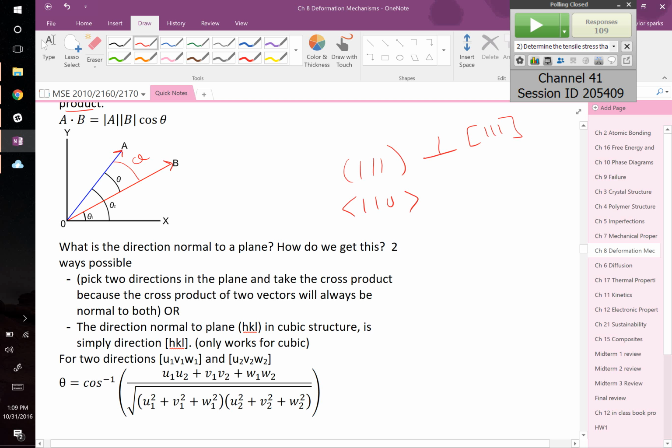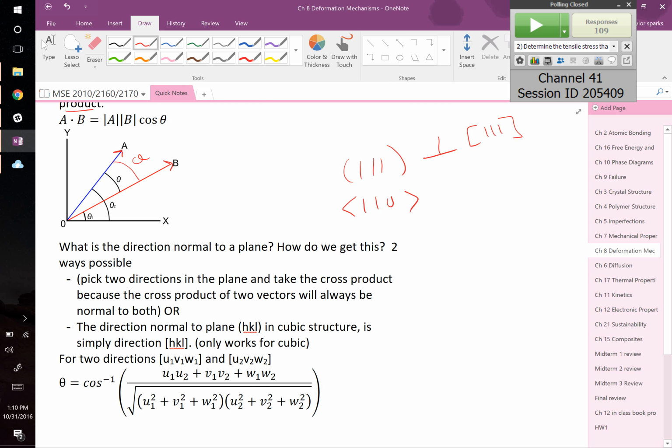That makes our life really easy. It means if this plane of this table is the 110 plane, then the normal is just the 110 direction. That only works in the cubic system, right? I won't give you anything harder than the cubic system in this class. In your other courses, you may have to do that, right? Hexagonal or tetragonal, it doesn't work like that. But in the cubic system, in this class, it makes it easy. If I give you the slip plane, what's the normal to it?